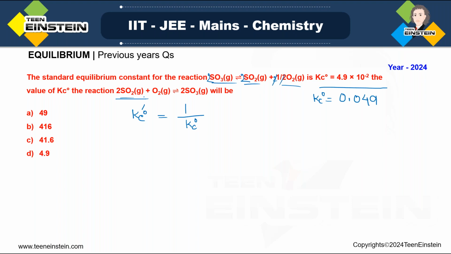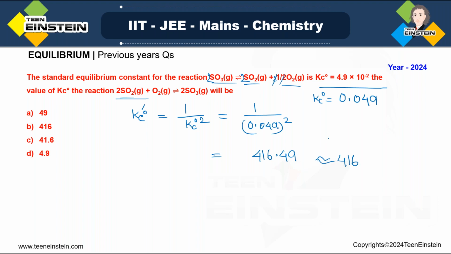When you change the coefficient, suppose you are multiplying with x, that x will be in the power of the previous equilibrium constant. So it will be 1 by Kc naught squared. Now do the calculation, 1 by 0.049 squared. And you will see the value will be 416.49, which is closely matching with 416.